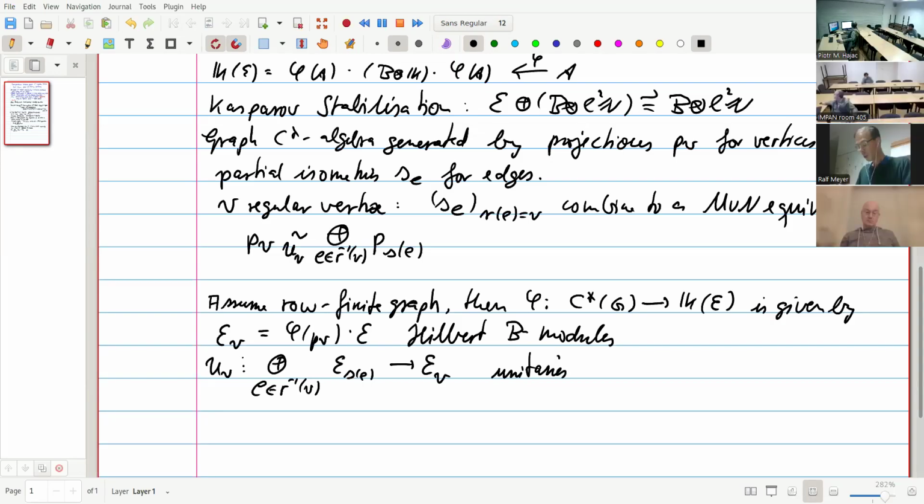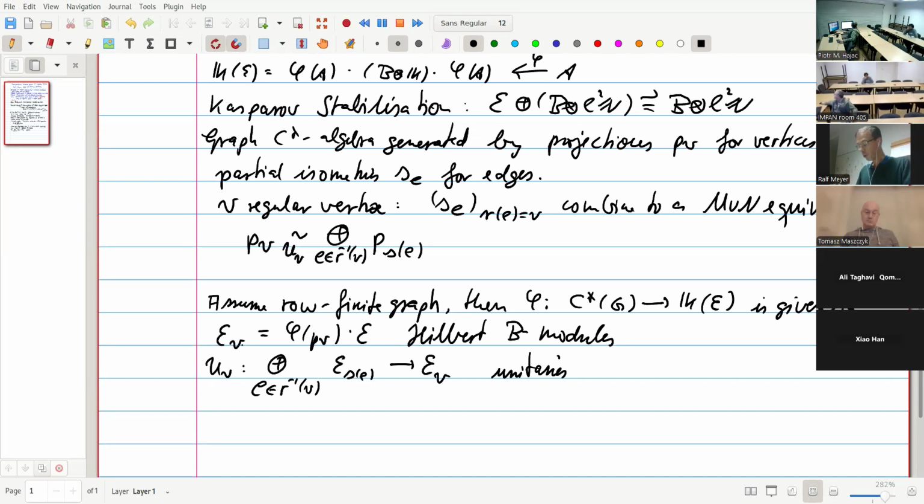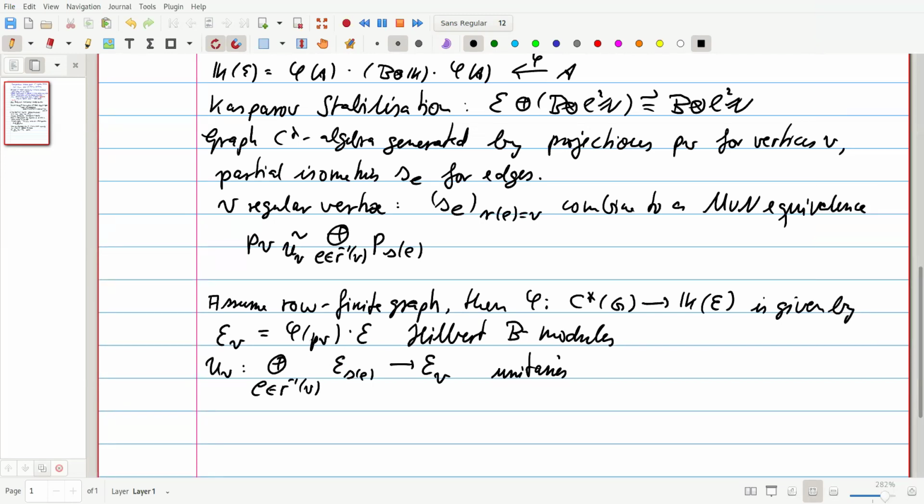And if I know the Hilbert modules E_V, I implicitly know what my Hilbert module E has to be, namely E is the direct sum of all these things. And P_V must go to the projection onto the submodule E_V, the direct summand. And then I know what the U_V must map to, and then since the S_E are just matrix coefficients of those, I know where the S_E are going.